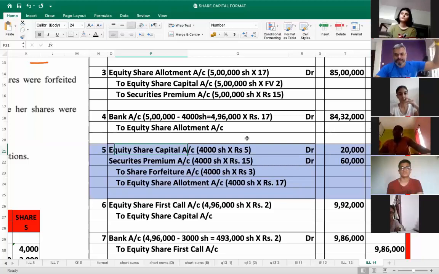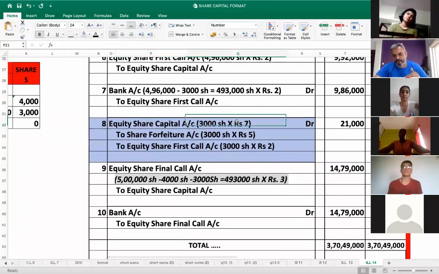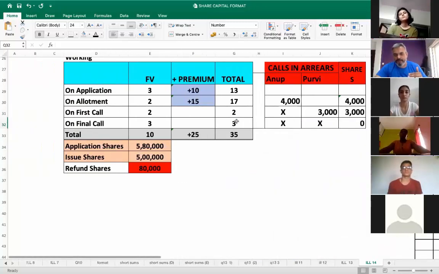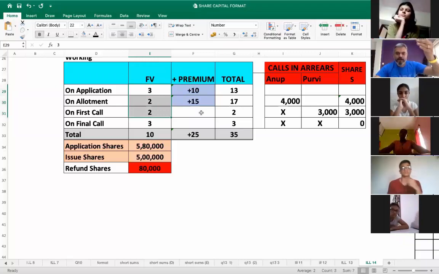If you have not raised the capital by rupees 10, how can you reverse it by rupees 10? So you raised by rupees 5, you reverse by rupees 5. Here you have raised by rupees 7. How raised by 7? You called application, you called allotment, you called the first call. So total 7 rupees you have called, you have raised your capital. Now we are forfeiting, so you have to reverse it by rupees 7.